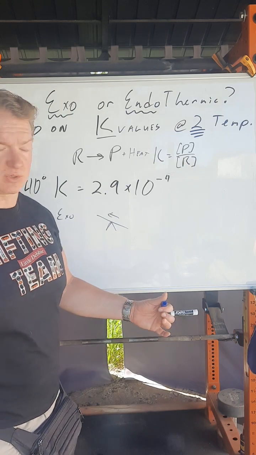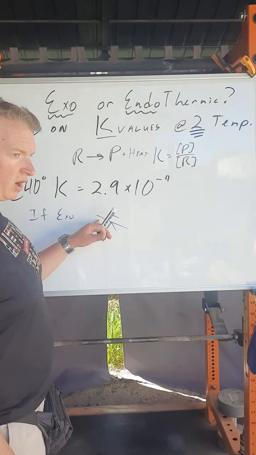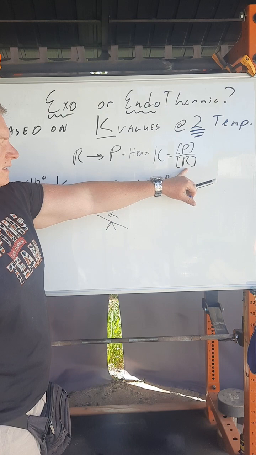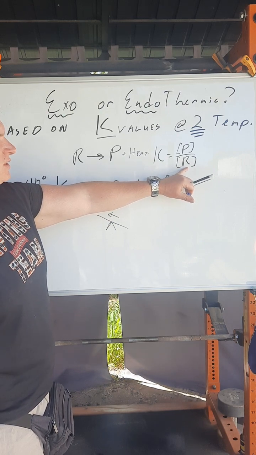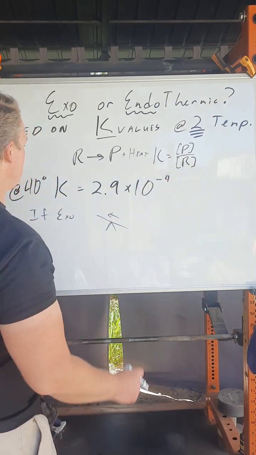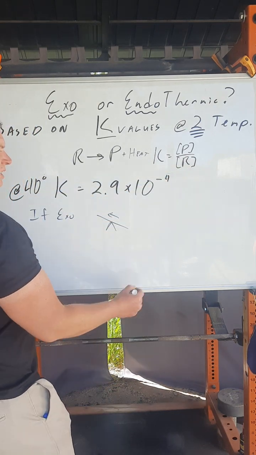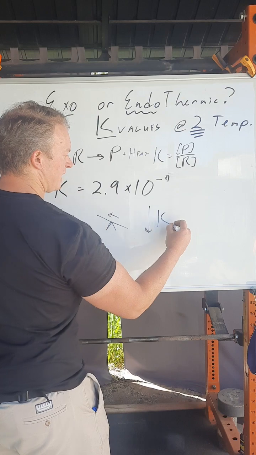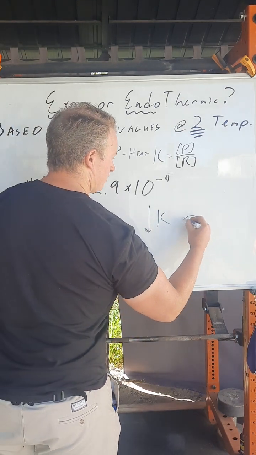This is Le Chatelier's principle. If R, the reactants, gets larger, then this quotient becomes a smaller value.